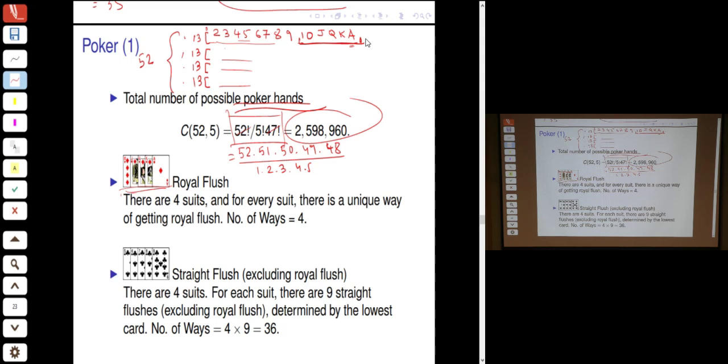So the choice that is involved is just the choice of the suit. And there are 4 suits, so you pick the suit in 4 possible ways. So the total number of royal flushes is as many as the number of different suits, which is 4. Okay? Any questions?